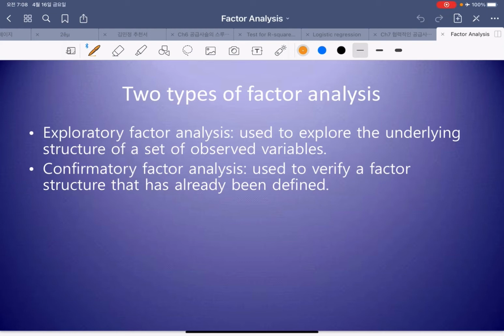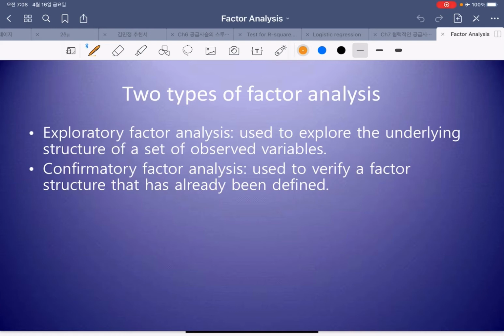Exploratory factor analysis is used to explore the underlying structure of a set of observed variables. So in this case, we don't have any idea about the underlying structure of the data, right? On the other hand, confirmatory factor analysis is used to verify a factor structure that has already been defined.